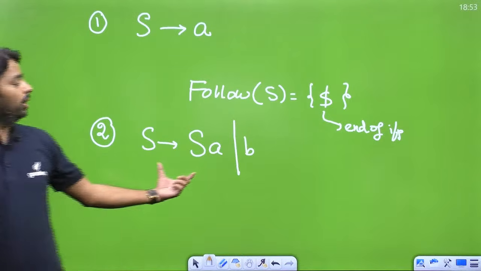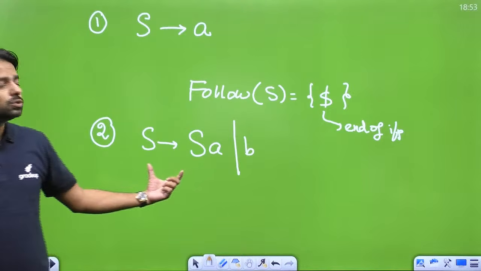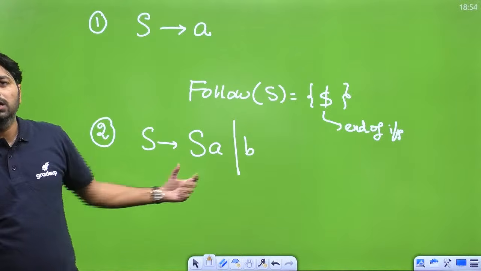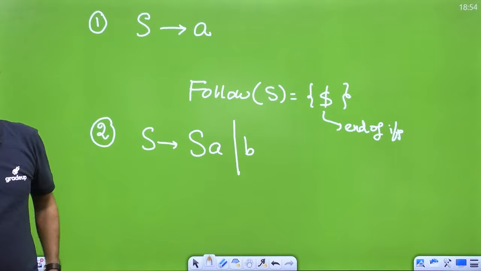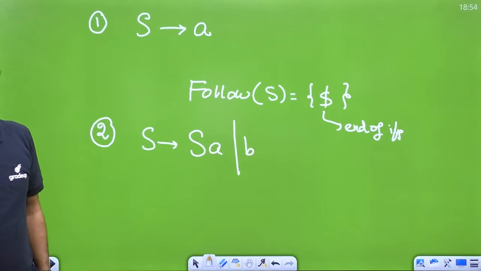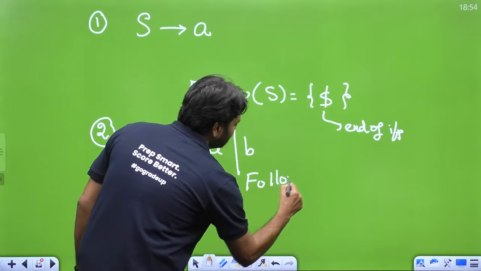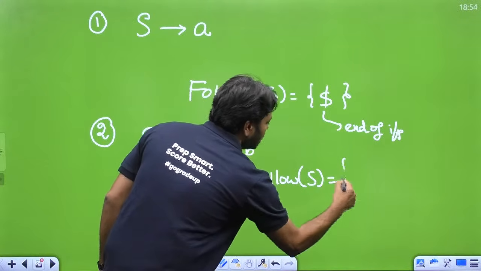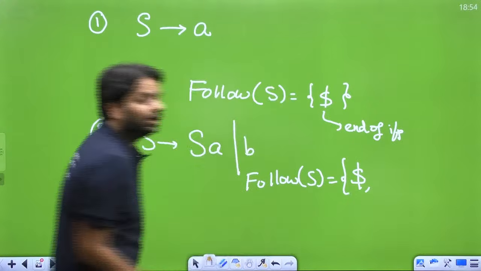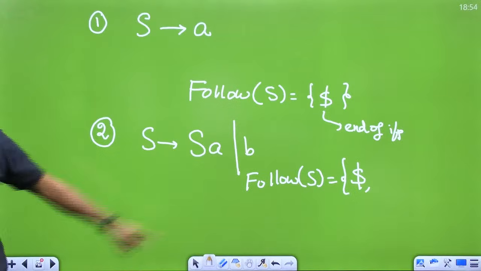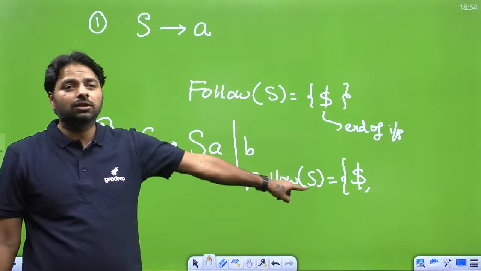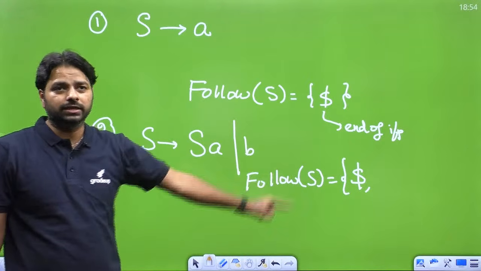And in this grammar, some students may forget about the dollar. So always practice by keeping the dollar in the follow set. Follow of S is equal to, always practice keeping the dollar if S is a start symbol, because there is a chance of forgetting it.